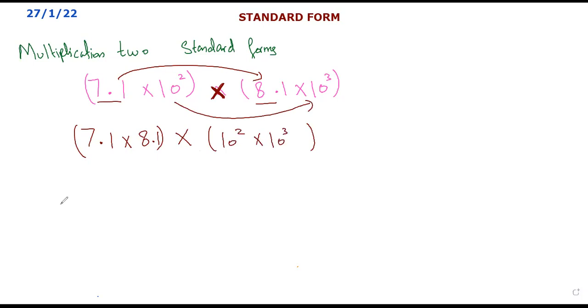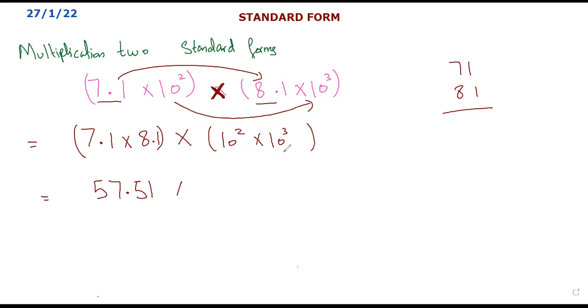Now in the second step, we have to multiply 7.1 into 8.1. Either you can multiply 71 and 81. Obviously they are not going to give you such big calculations in P1. You can use your calculator, and 7.1 into 8.1 is 57.51, multiplied by 10 square into 10 cube.